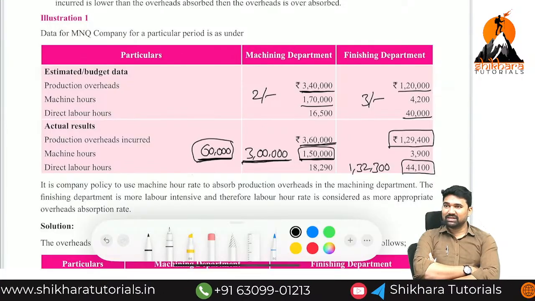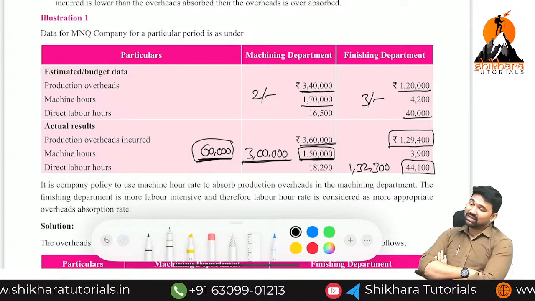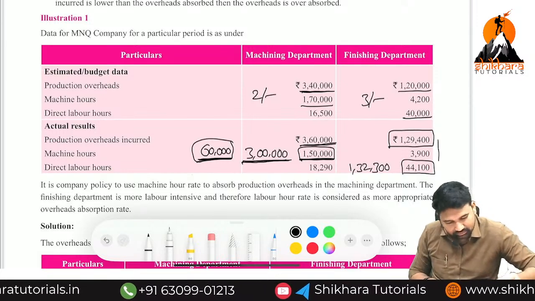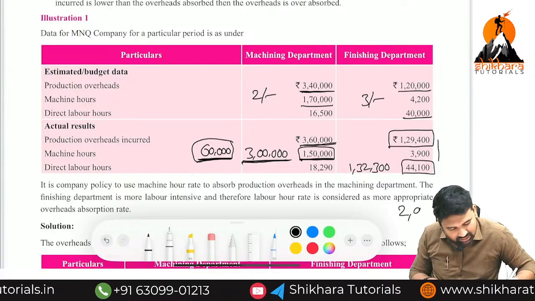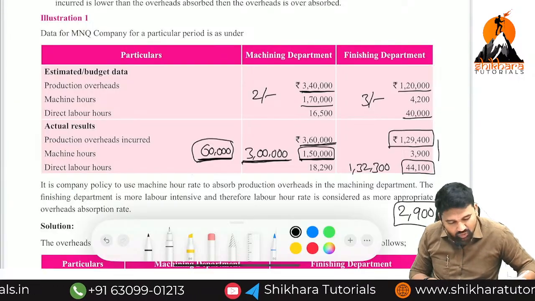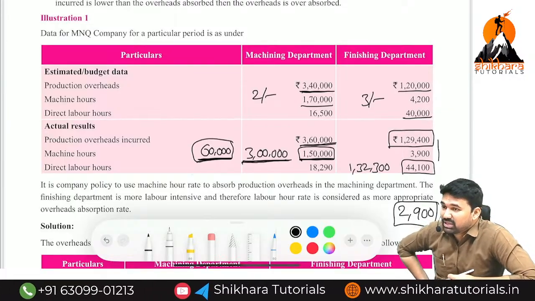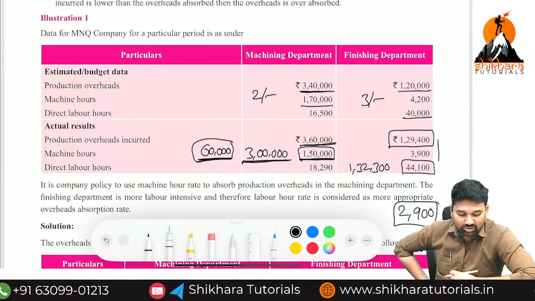That means we overly recovered the money. How much is the over recovered money? 2,900. This is the over absorbed production overheads, 2,900.